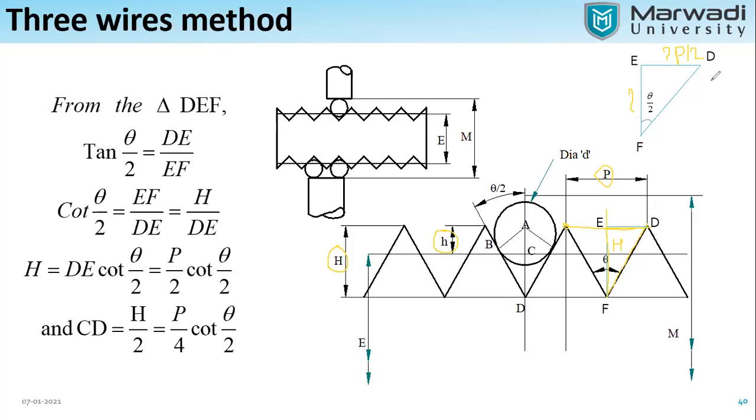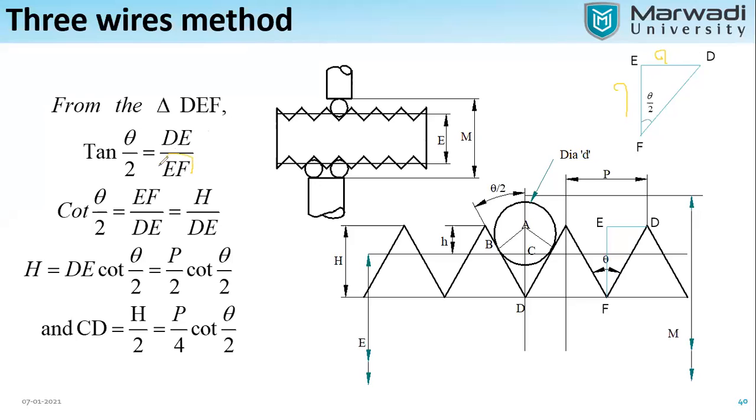Now here you can see how we can find it. The opposite side we know, the adjacent side we want. So we can apply tan theta. So tan theta by 2 is equal to DE upon EF.